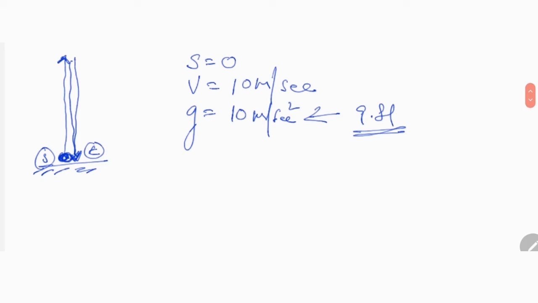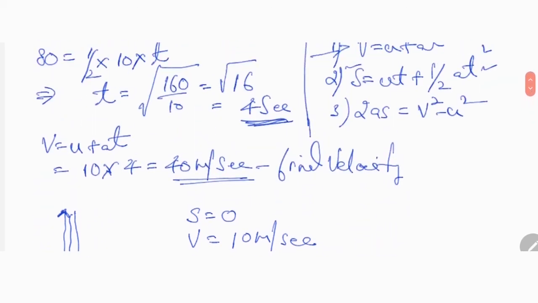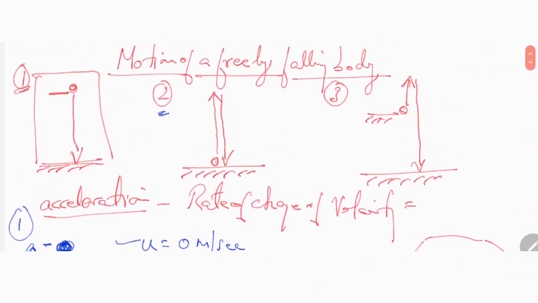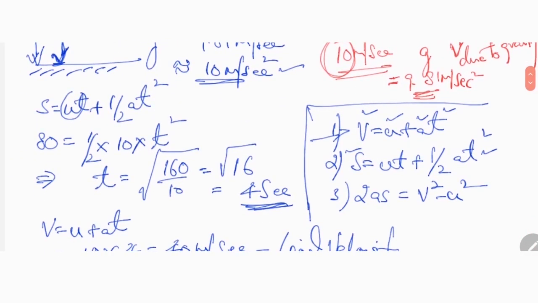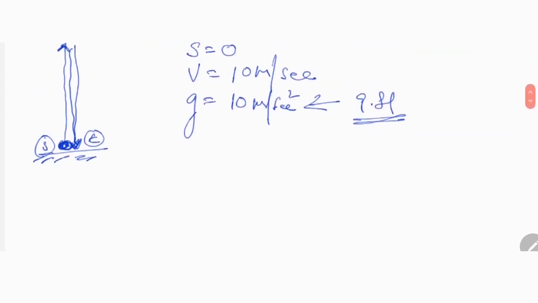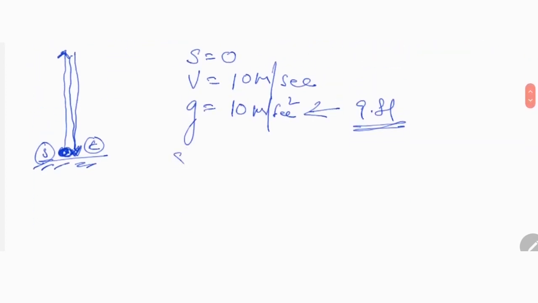Do we know anything else? That's all. We don't know anything else, right? So now let us apply our formula. Again, we will see that probably this will be the best formula to apply in this particular case. So let's say s is equal to ut plus half at square.